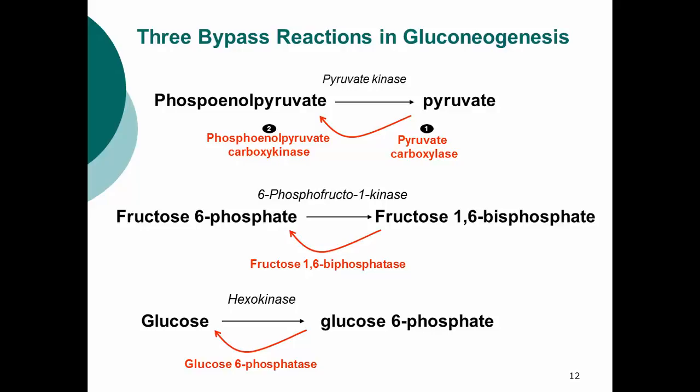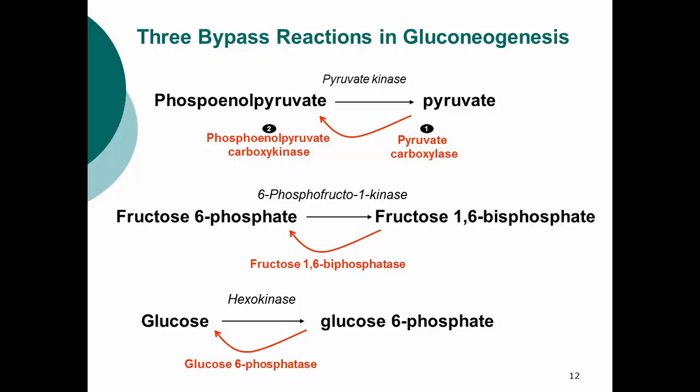And these two enzymes are considered key reactions in gluconeogenesis, right? The second key bypass reaction is catalyzed by fructose 1,6-bisphosphatase, and this enzyme converts fructose 1,6-bisphosphate back to fructose 6-phosphate. This is also a key enzyme in gluconeogenesis. And the last one is glucose 6-phosphatase, which converts glucose 6-phosphate back to glucose. I mentioned this enzyme a couple times before.